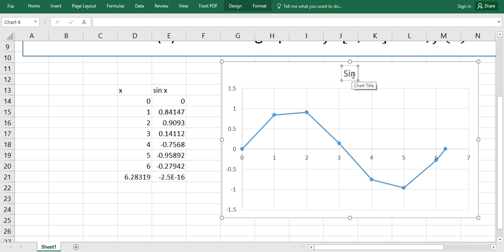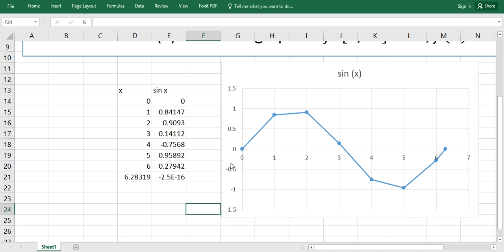So it is the graph of sine, but it is approximate. See, it is tuck, tuck, tuck, tuck, and so on. So it is not the proper sine curve, but you know that it is approximate.